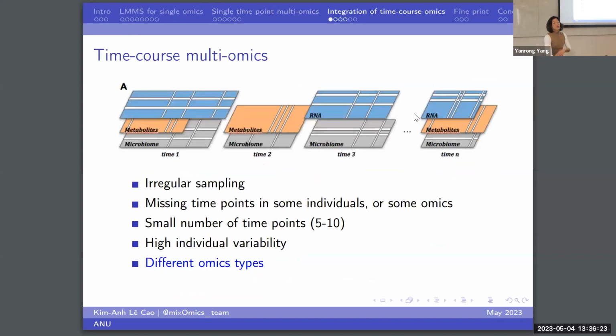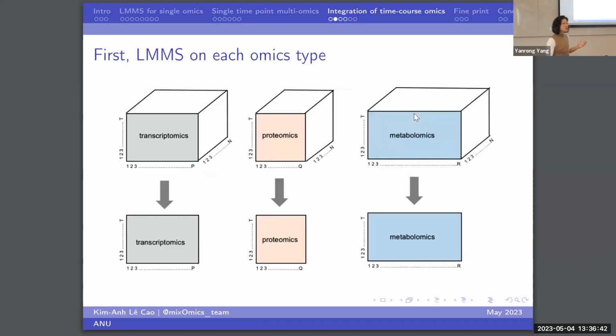So moving on now to the time course multi-omics. It's the same as before, the same issues, except that now we have multiple omics types. Imagine that when the patient comes to the clinic, we can measure all these different things on them. Or you can represent it as those cubes, it's the same. And the idea is that we can, again, reduce the dimension first using linear mixed model splines.